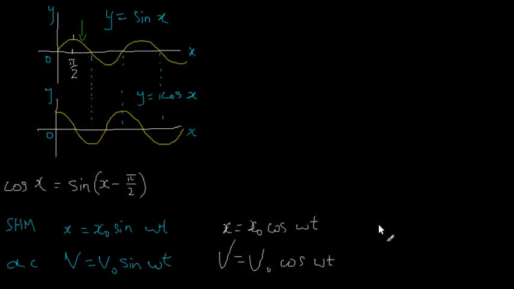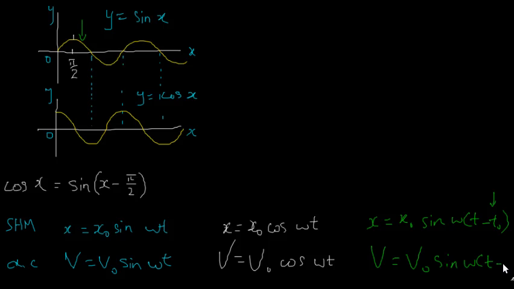So if I start timing from another point, say t naught, then my function would look like this. Maybe x naught sine, so instead of omega t, I have omega times t minus t naught. So that's if I start timing at this time t naught. Or my alternating voltage could look like this: omega times t minus t naught.